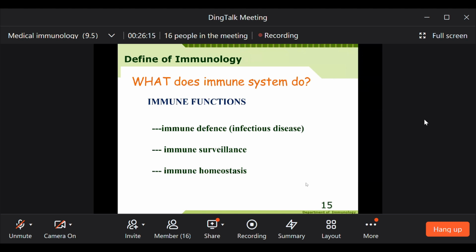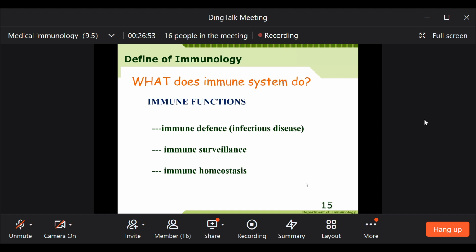And immune surveillance means identifying and removing mutated tumor cells, senescent cells, dead cells, and other kinds of components in the body. This ability to detect and remove the non-self components from the body is called immune surveillance.